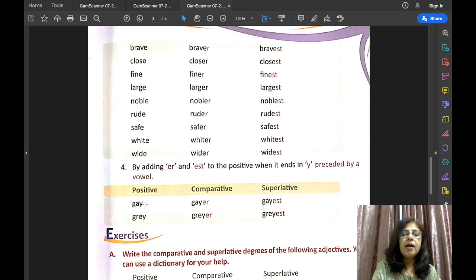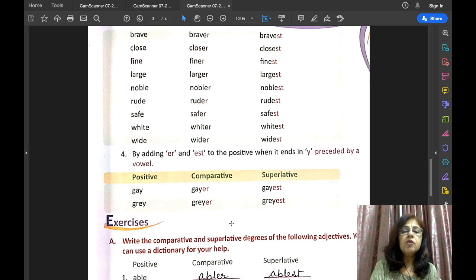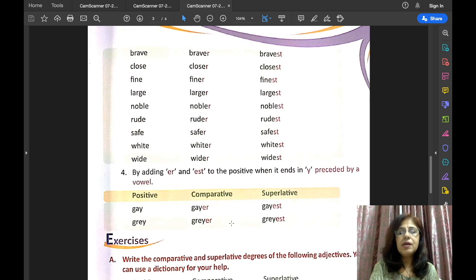So, when the last letter is Y and it is preceded by a vowel, then we will add ER in the comparative degree and EST in the superlative degree. So it will become gay, gayer, gayest, grey, greyer, greyest. So all these rules you have to learn and all these degrees you have to learn by heart.